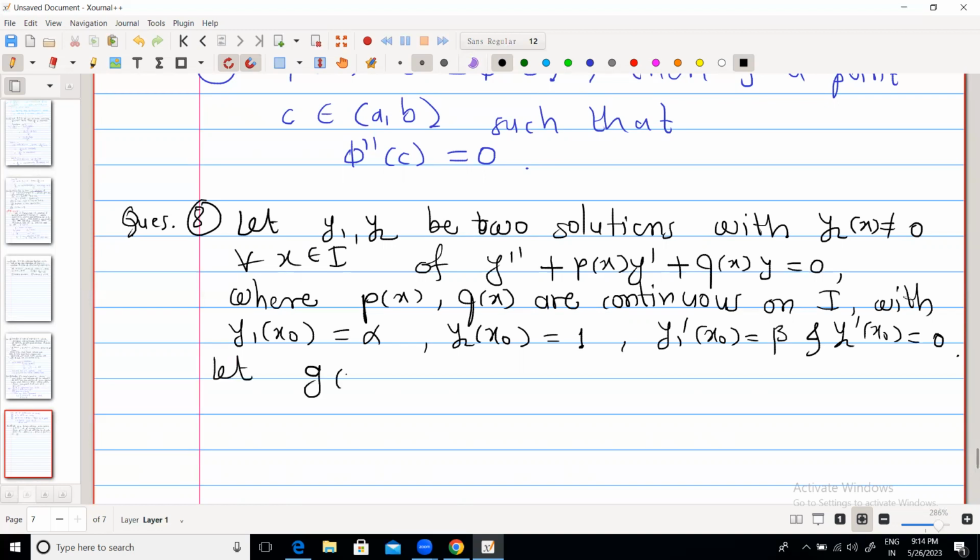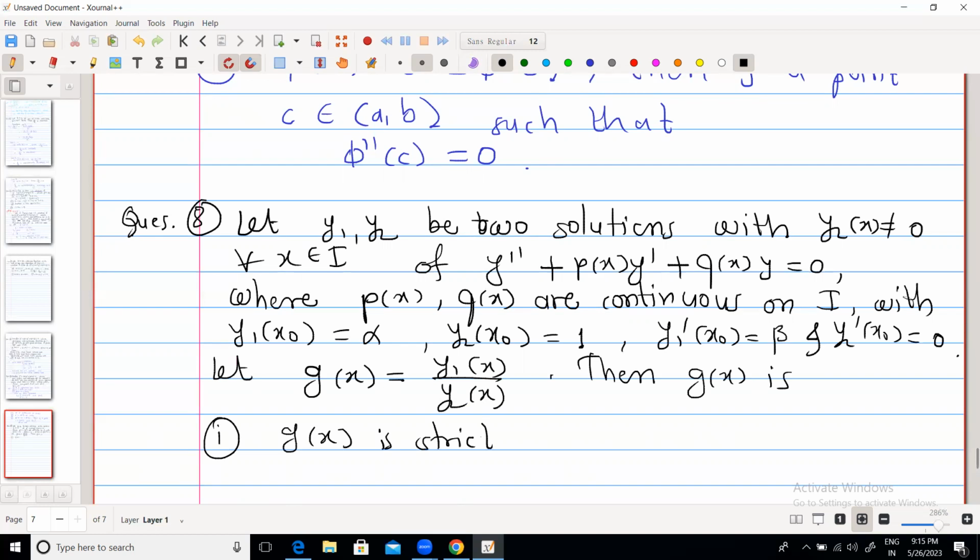Let g of x be y1 of x divided by y2 of x. Then g of x is, first option, strictly increasing if beta is greater than 0.